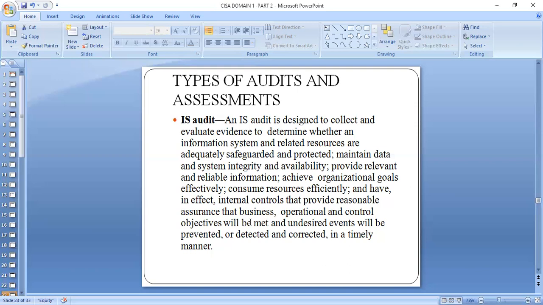So it's not just technology, right? We want to check whether the system put in place by management is able to prevent irregularity, ensure effectiveness of operations, ensure efficiency of operations, and ensure protection of information assets. Okay, that is IS audit.